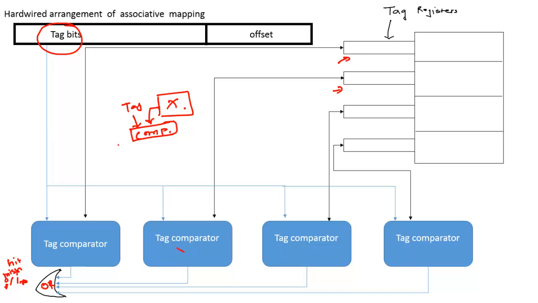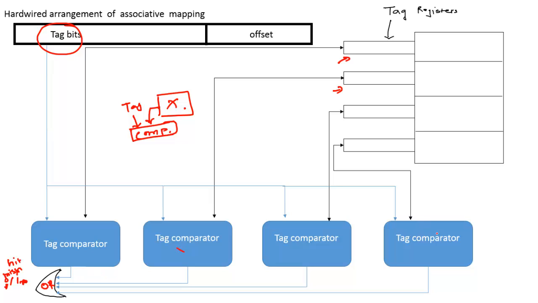But in associative mapping, although we are using 4 tag comparators, we count the delay of a single comparator, because the comparison in all 4 comparators is done in parallel. So we take only one comparator delay into account, and add it to the OR gate delay, and that will be all.